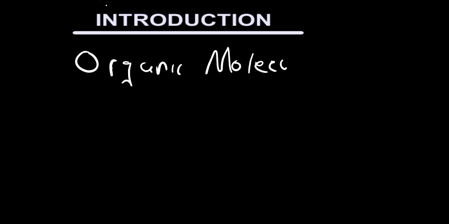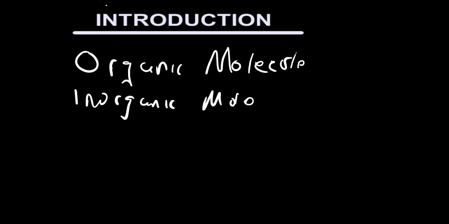Now, what is an organic molecule or what is a biomolecule? And what is an inorganic molecule? An organic molecule is an element or a compound that contains a carbon atom.